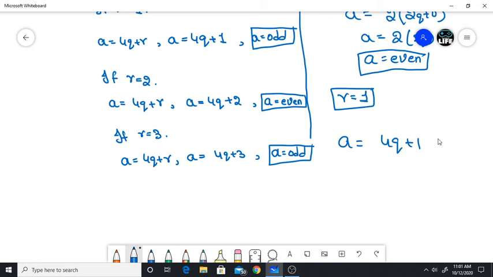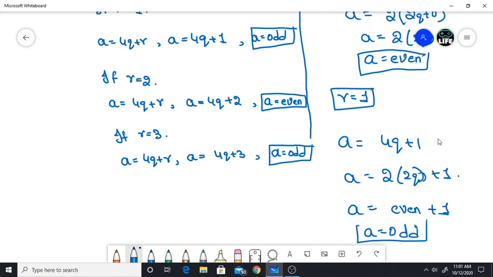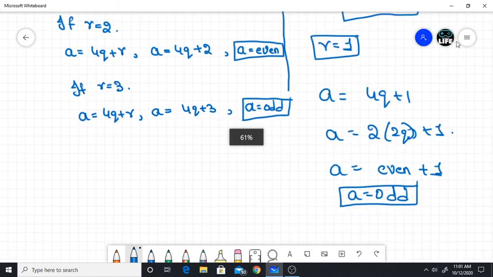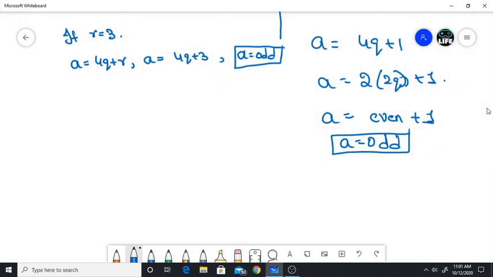Now a equals 2 into 2q plus 1. We know that 2 into 2q is an even number, even plus 1. So a equals odd number. Very simple.